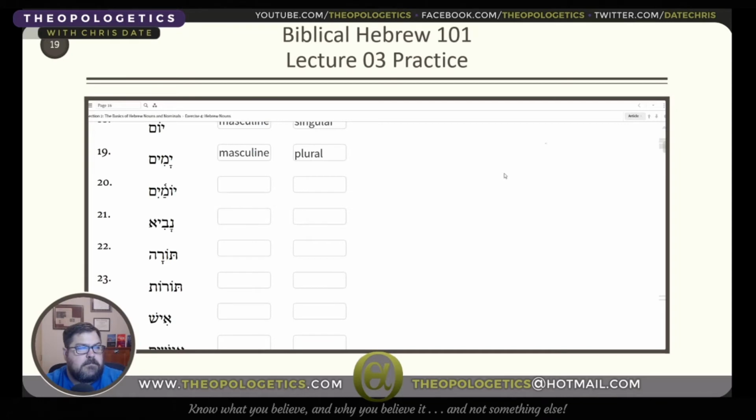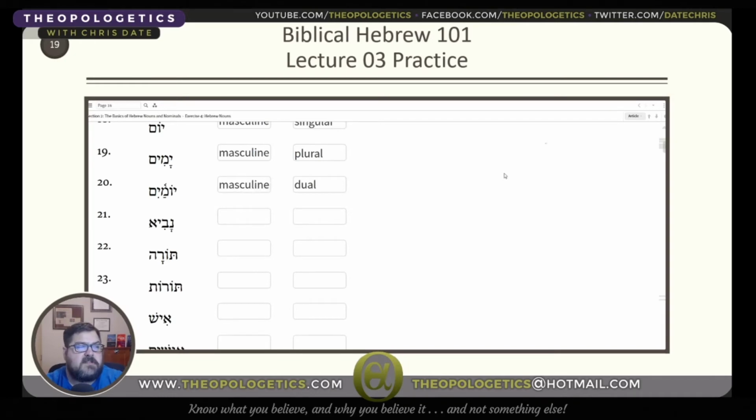Yomayim. Now this is interesting. That ayim ending means that we're dealing with a dual. Okay. The dual is the same when we're dealing with masculine or feminine. So the ending doesn't tell us if this is masculine or feminine, but I think that this is the dual form of yom, which is the word in the previous two questions.